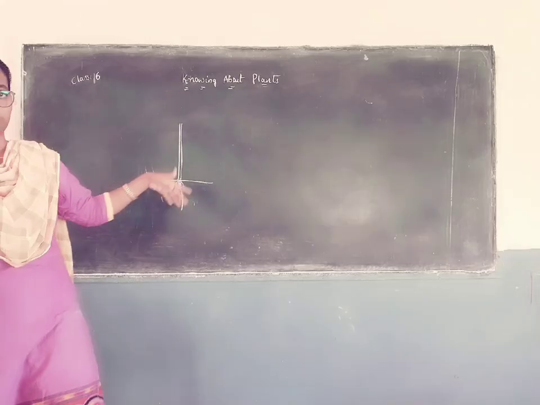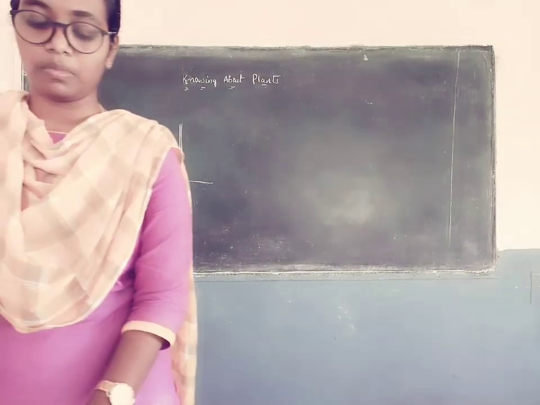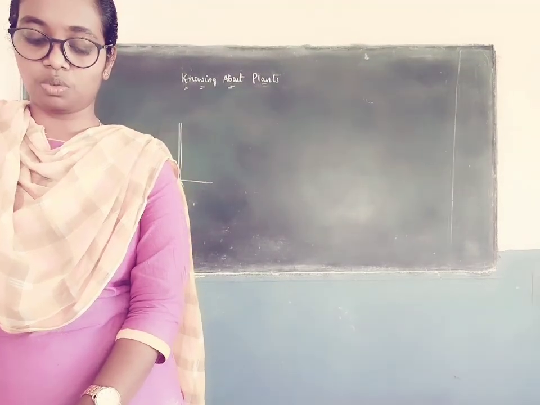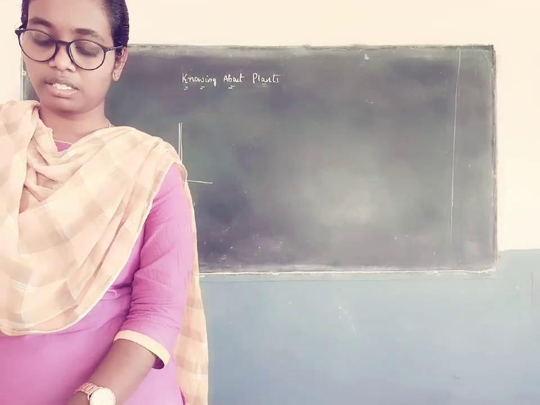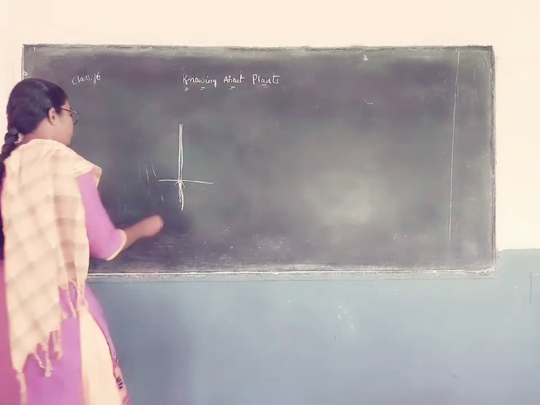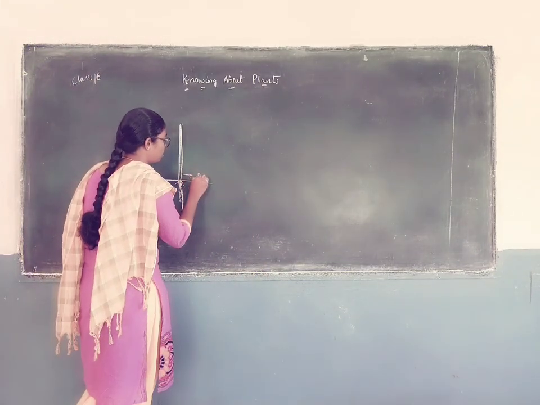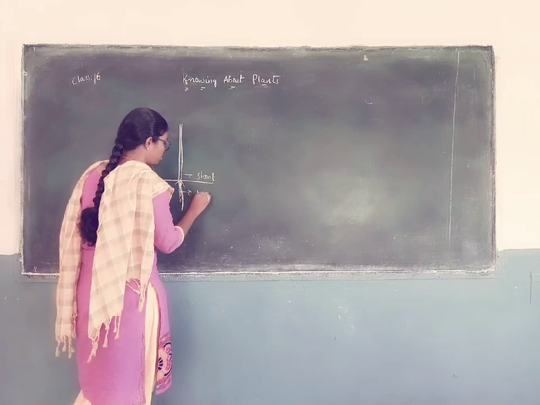So the shoot system is present above the root system. The shoot system consists of a stem, leaves, flowers and fruits. This is known as the shoot system and this is known as the root system.